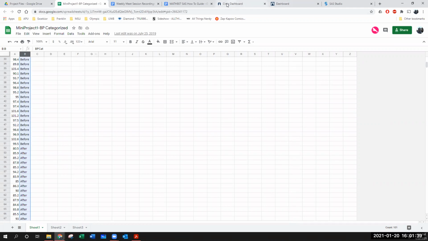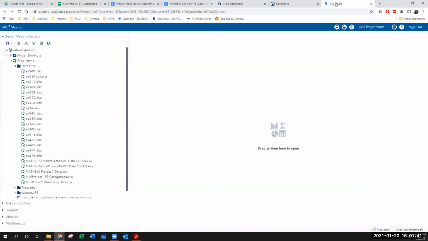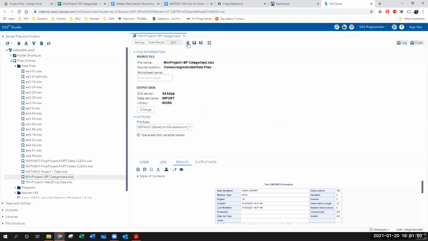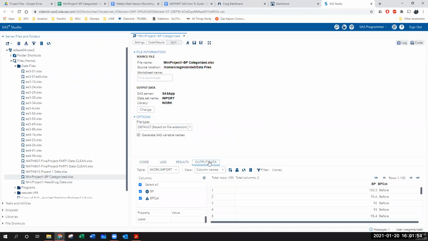So that's the big thing you have to do in order to get SAS to do it, because it can only do it if you load one variable and then one categorizing variable. So make sure you upload that data, right? And then you'll see you'll have two variables, BP and BP cat for BP categorizing.